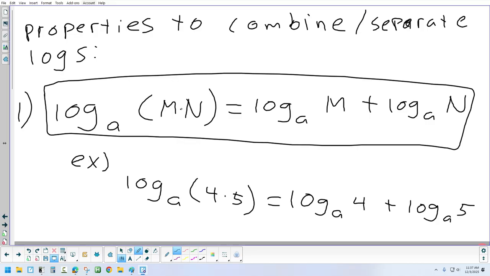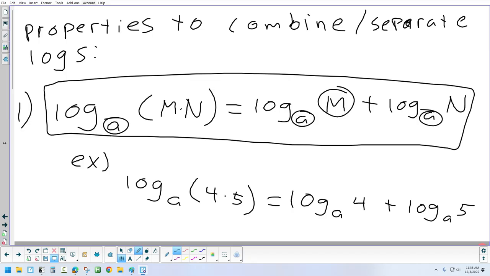When you have a product of 2 things multiplied together inside the argument to a log, that splits as a sum. You started with 1 log, now you're going to write 2, because you're splitting it apart. The base on each log when you split it apart is exactly the same as the base you started with. You can't change the base.